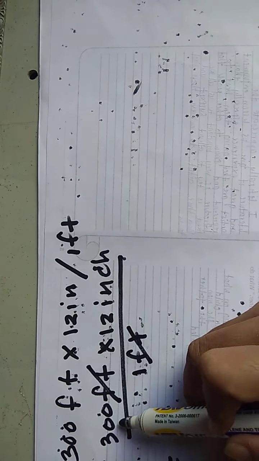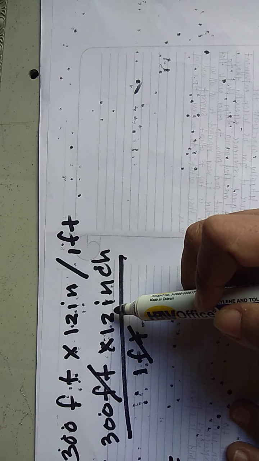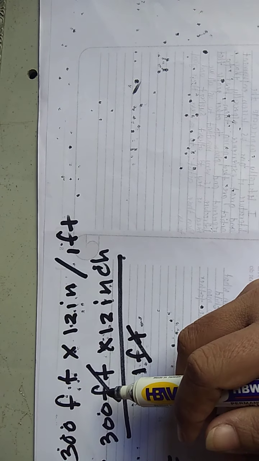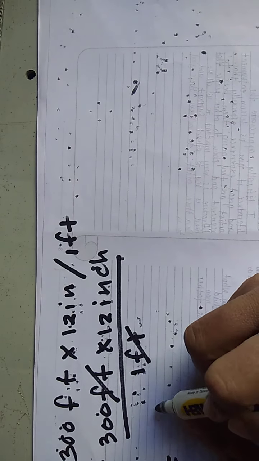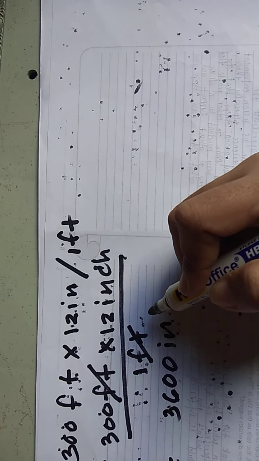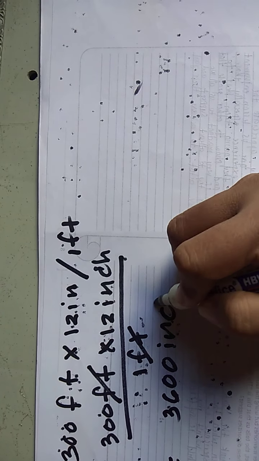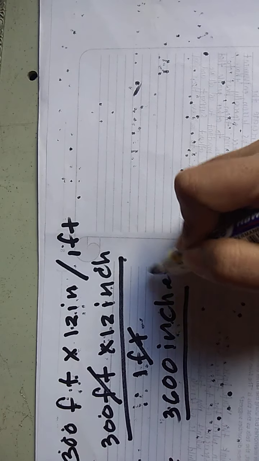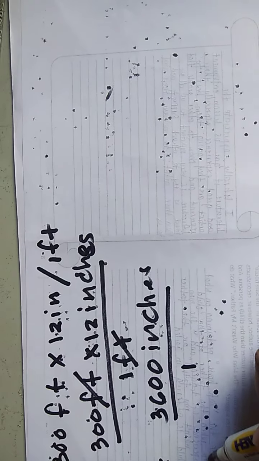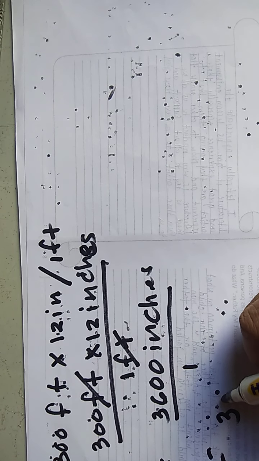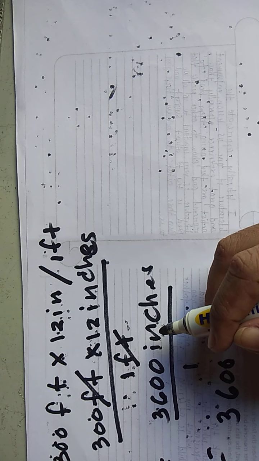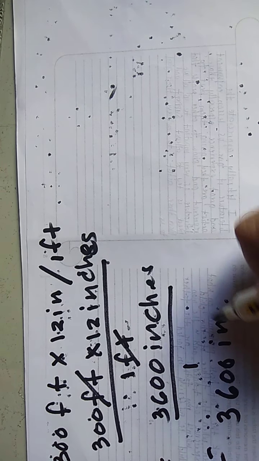Then, 300 times 12 is how many? 300 times 12 will be 3,600 inches. Okay? Divided by 1. And the answer is 3,600 inch.